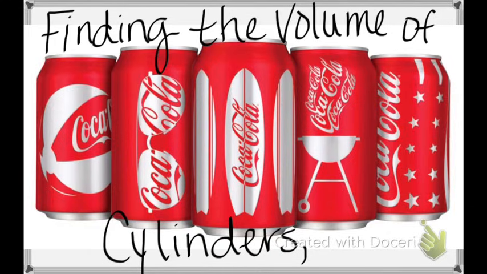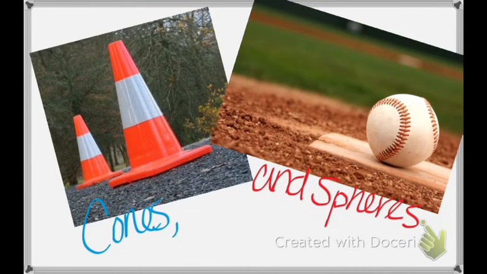Now we have all kinds of shapes that we can find the volume of, but we're going to focus on three right now. So you have the volume of a cylinder, which is like a Coke can or a soup can or a bucket, and then the volume of a cone, which can be an ice cream cone, traffic cone, and spheres, which is any type of ball. So those three items are what we're going to focus on finding the volume of today.